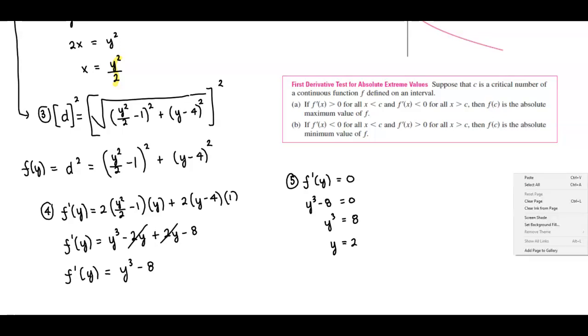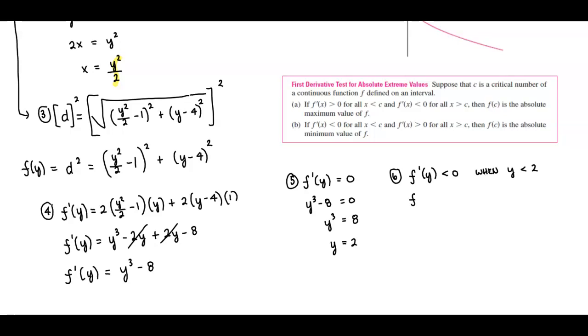Looking at our definition up here, this tells us that f prime of y is going to be less than 0 when the value of y is less than 2, and we know that f prime of y is greater than 0 when y is greater than 2.